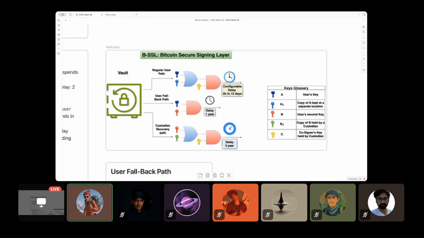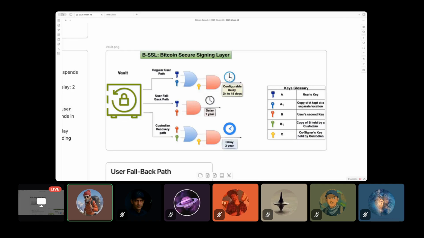And finally there is another custodian C, who also has a key. So there are two custodians, and you will have to find two more places to keep your keys A1 and B. So this is the basic key setup that goes into this vault.